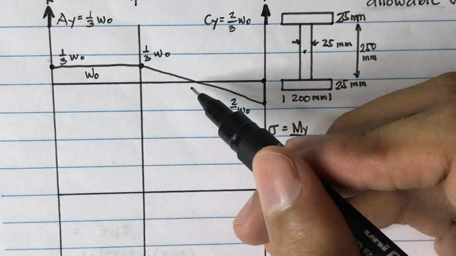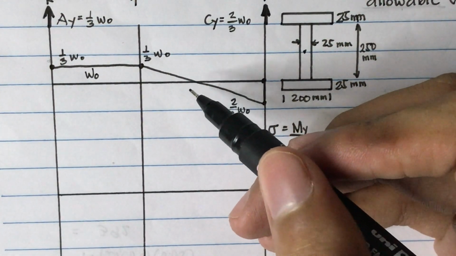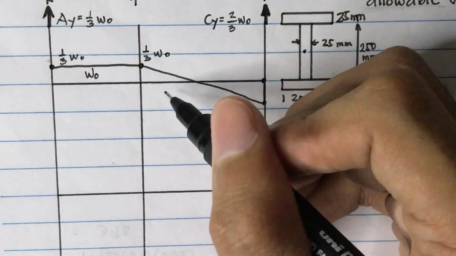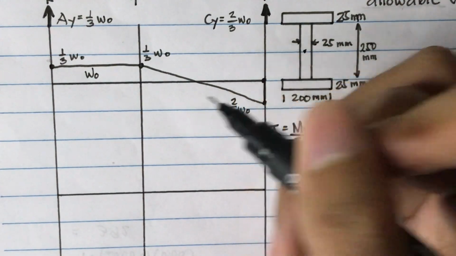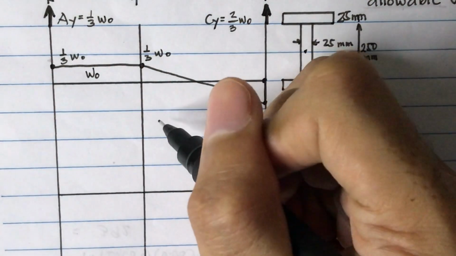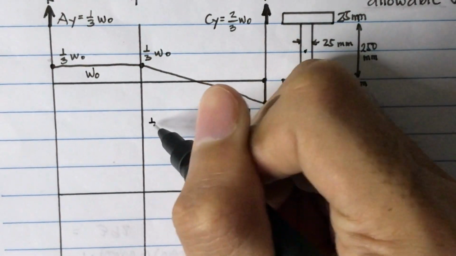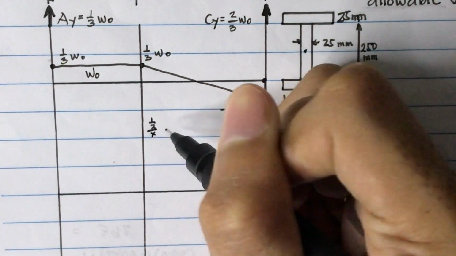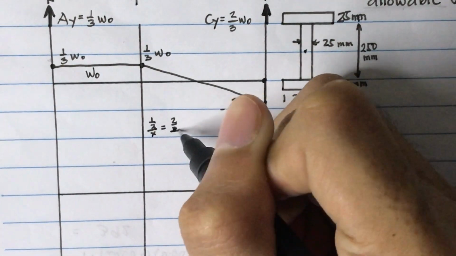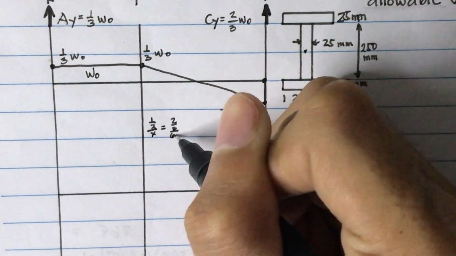The triangle is 1/2 base times height. Since we have no base, we use ratio and proportion, where 1/3 over x is equals to 2/3 over 6 minus x.